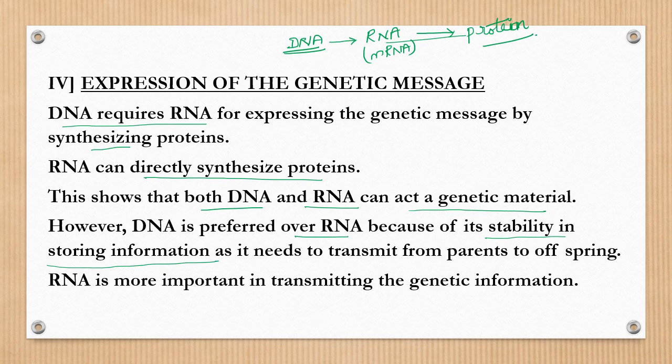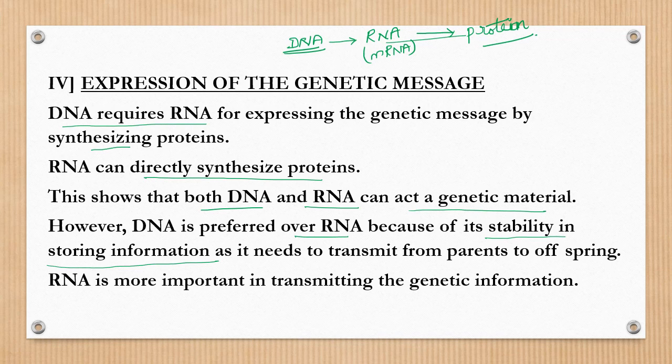DNA has more stability to store information than RNA because of its chemical stability, its structural stability, and because it has thymine instead of uracil. For all these reasons, it is stable for storing information.